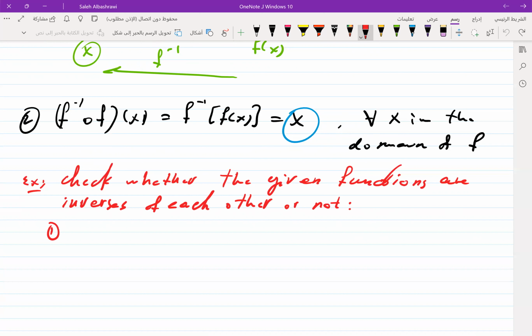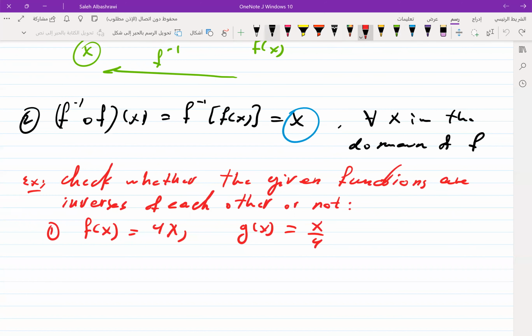Number 1, f of x equals 4x. Second function, g of x equals x over 4. We need to check, are these inverses of each other or not?